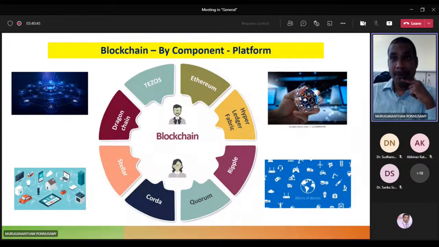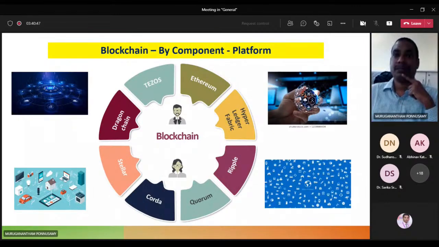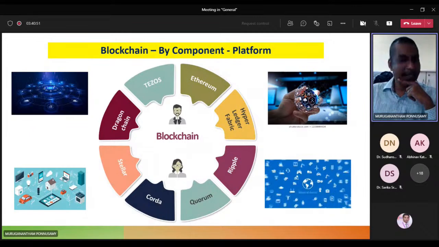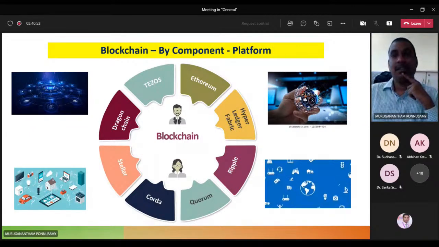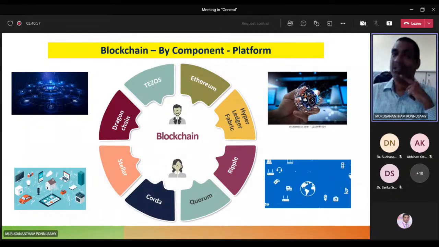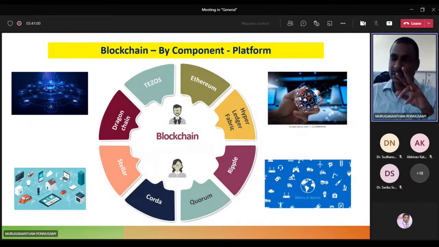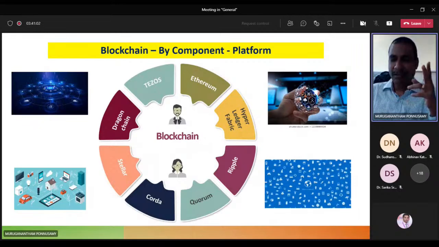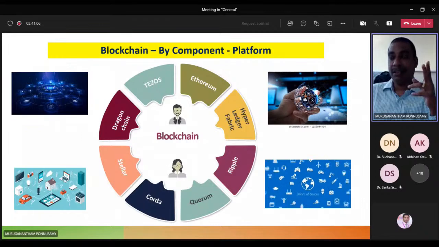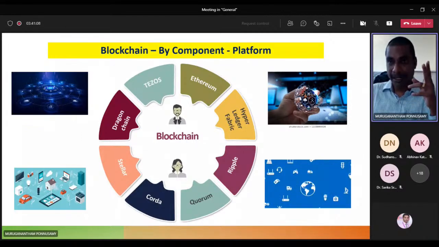As platform components. If you ask about Tezos, it does not have any permission. If you say Ripple, it is a permissioned one. Now correlate what I explained about Ripple being utilized by American Express or MoneyGram. It is a permissioned one.